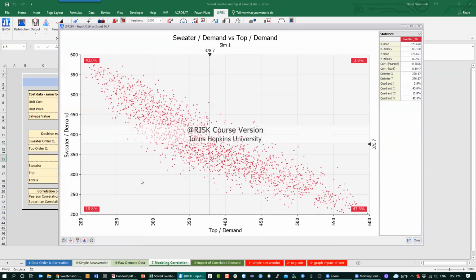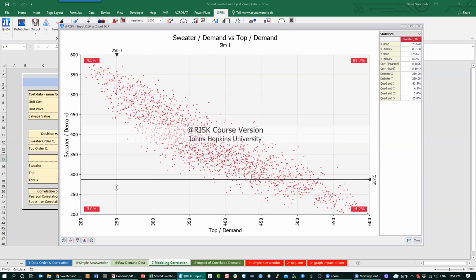What does that mean? It means even for a very low value of demand for top, let's say 250 right here, demand for sweater could be at a medium end, or it could be at a very high end. It's the same story if you look at demand for sweater at the low end, say 250: demand for top could be medium or all the way to high.